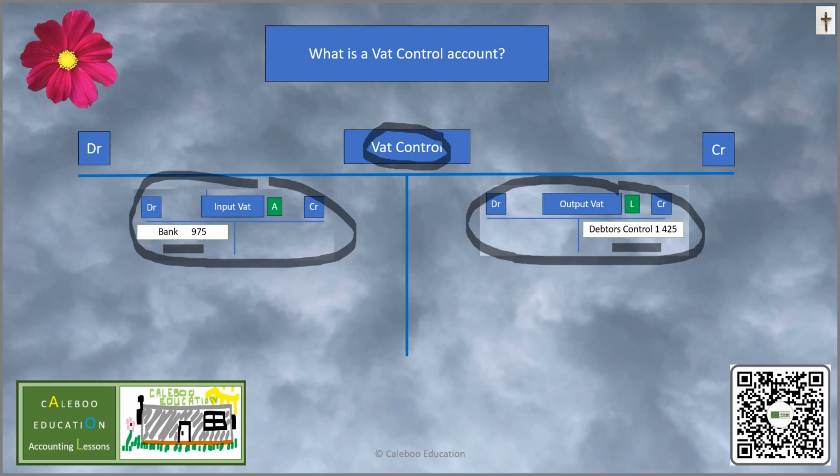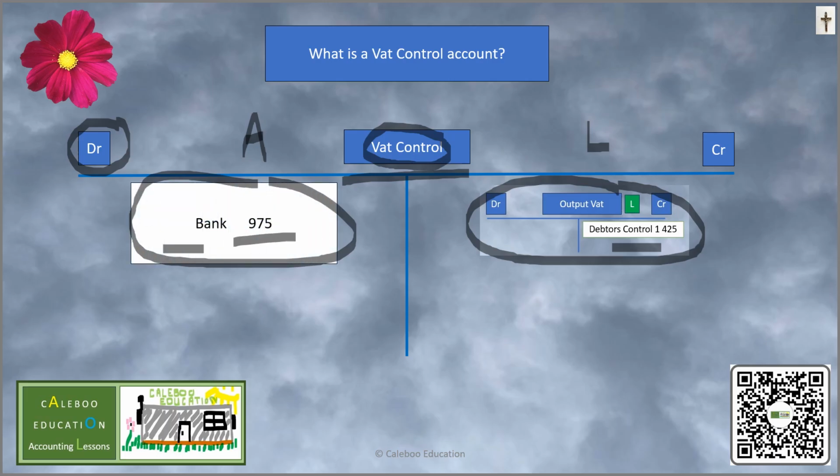Some people might use an input VAT account and an output VAT account and then close off those accounts to the VAT control account, or businesses might just use one VAT control account, and on the debit side you're going to have the asset input VAT, and on the credit side you're going to have the liability output VAT.